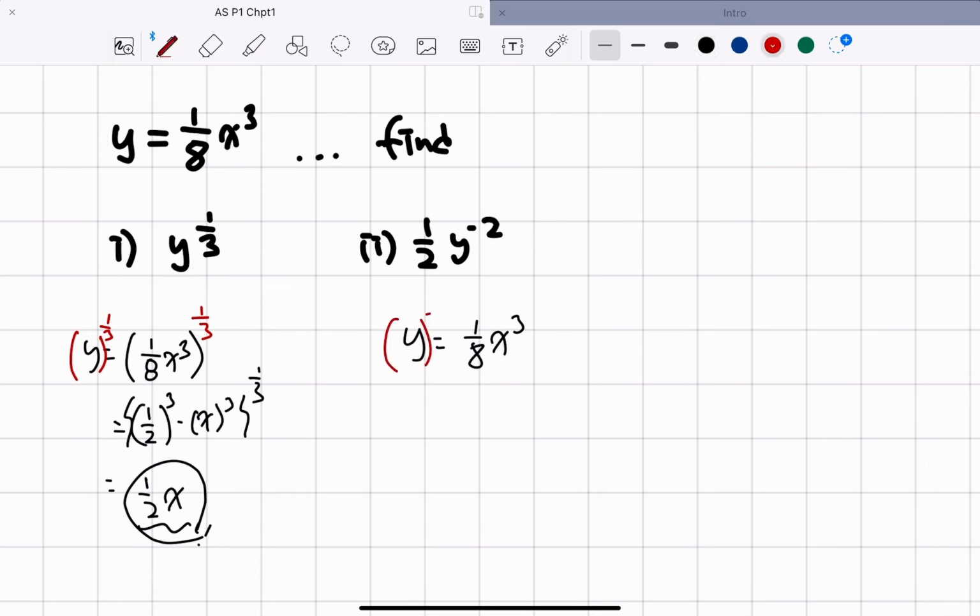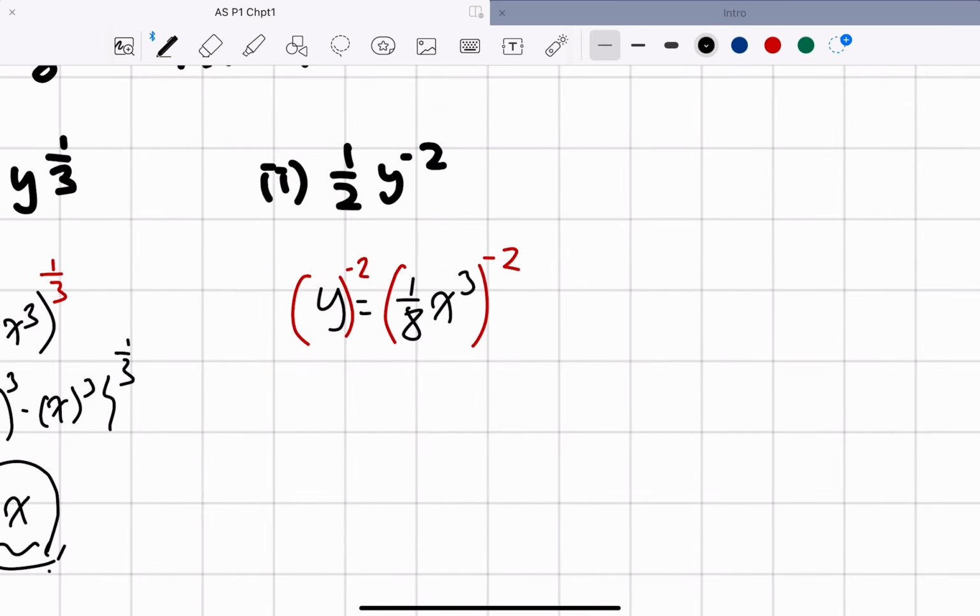We know that this negative sign means we need to change the position between the numerator and denominator, so we can change it to 8 over x cubed, squared, right?